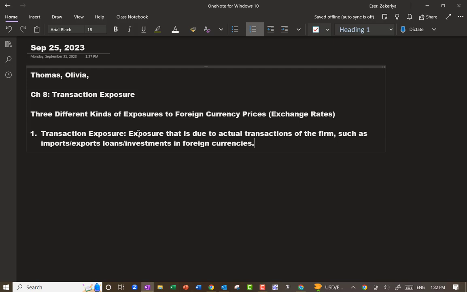A lot of you may not know, there's always a delay between the actual agreement to import and export something and when you get the payment. It's typically anywhere between 3 months to 6 months.